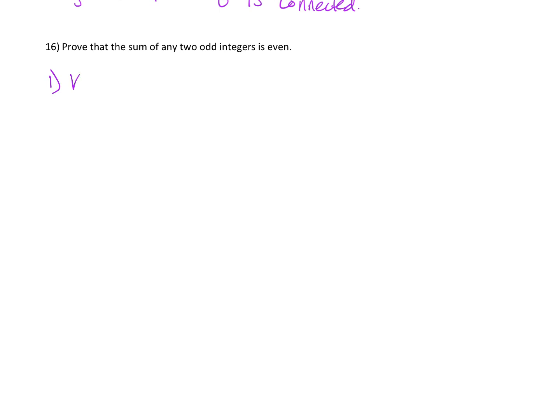So we would say for all integers, so for any a and b in Z, if a and b are odd, so we're adding two odd integers, then their sum, which is a plus b, is even. Step two is to suppose the if part. So we're going to suppose a and b are odd integers.